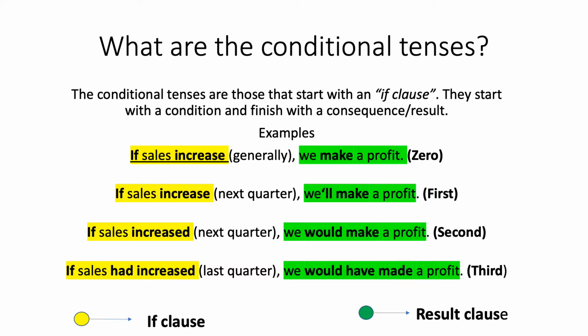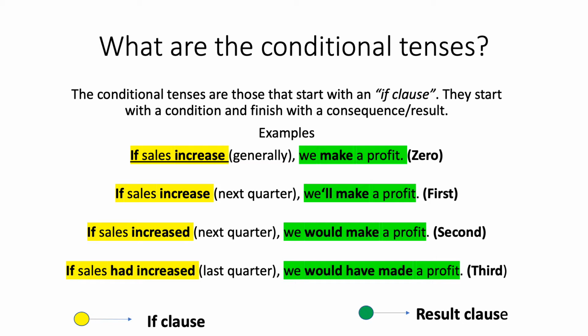Here, just to make an example in your context, we use the first or type 1 conditional if we are talking about next quarter of a fiscal year. So if sales increase, we will make a profit. يعني إذا ارتفعت المبيعات سوف تكون هناك مصلحة أو ربح.